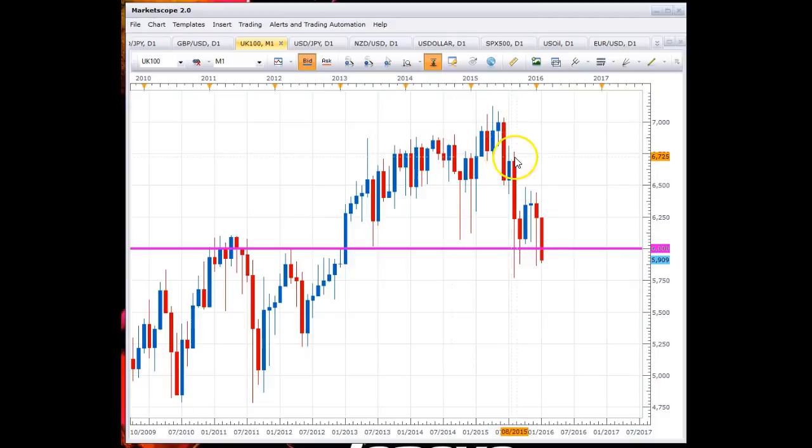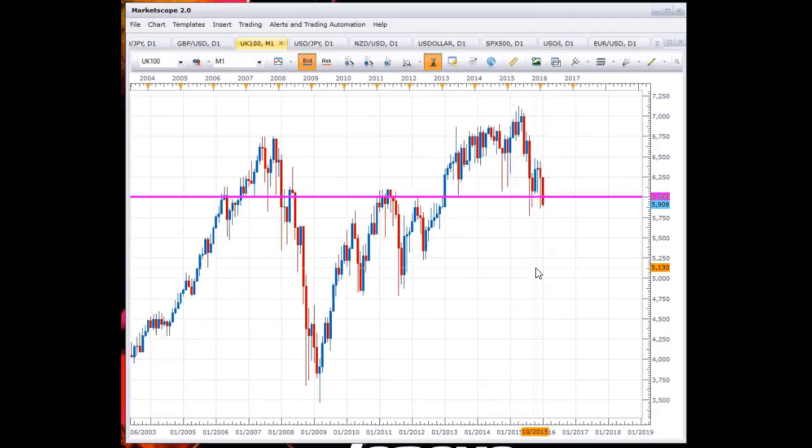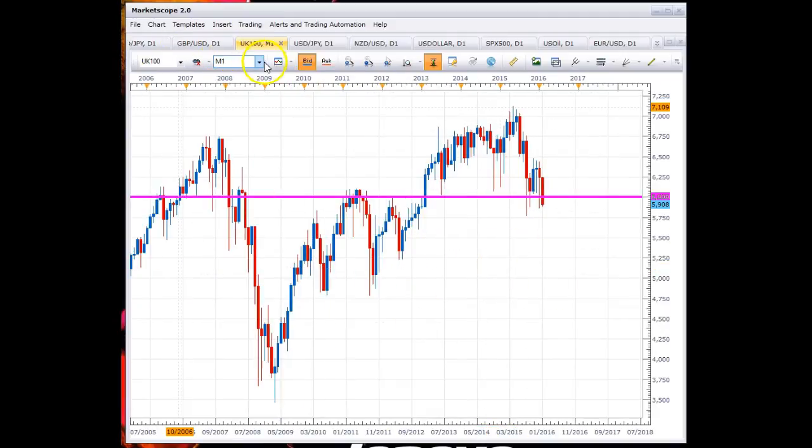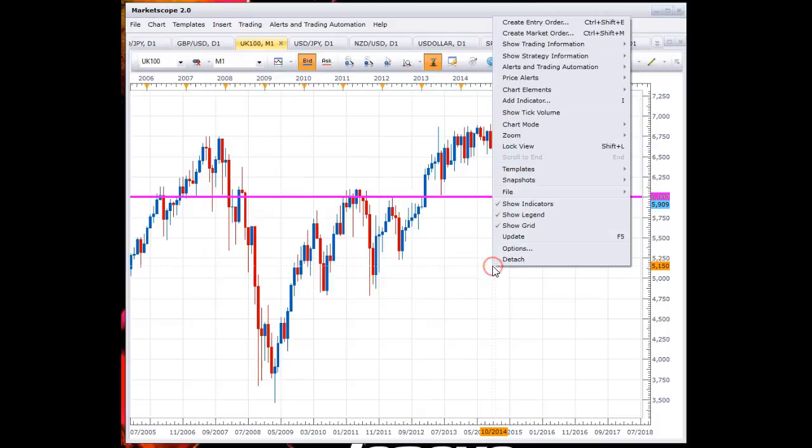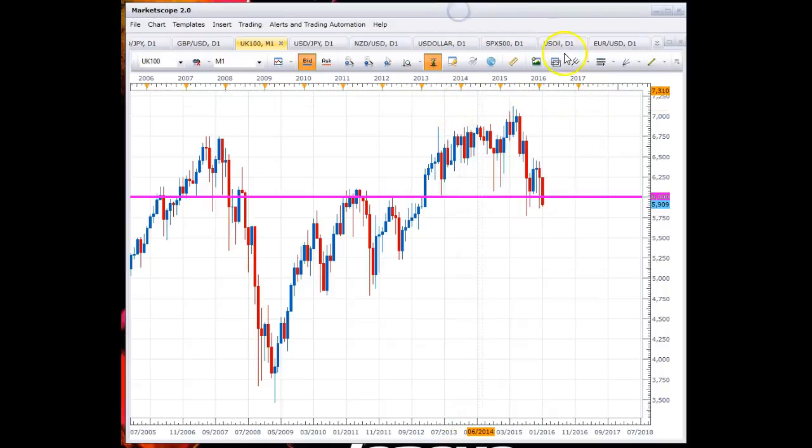So nothing exists in a bubble. A single company, part of this index at the moment, even if they're doing well, would be thinking about maybe their exposure and whatnot. So it was important for me to show you this because obviously the FTSE 100 has a relationship to the pound, which leads us to the next.